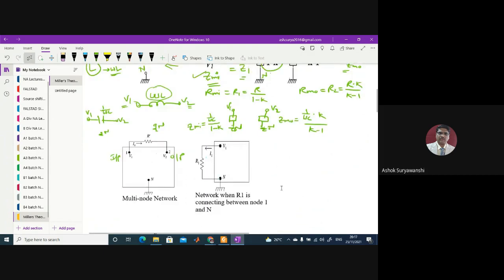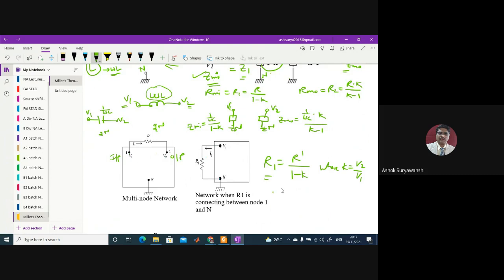And what is this R1? This R1 will be equal to R dash upon 1 minus K, where K will be equal to V2 by V1, right? Now this feedback element has split into two components. One is R1, which will come on the input side, between the input node and the ground.